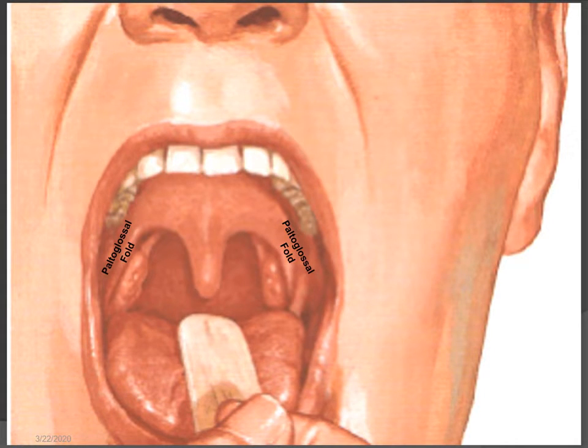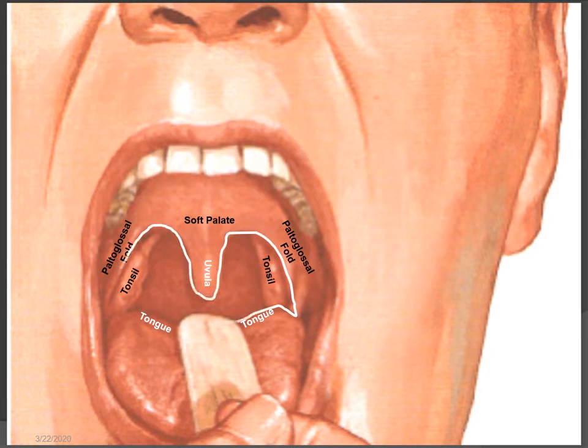Between the two folds, there is the palatine tonsil. This is the oropharyngeal isthmus, separating the oral cavity from the pharyngeal cavity.